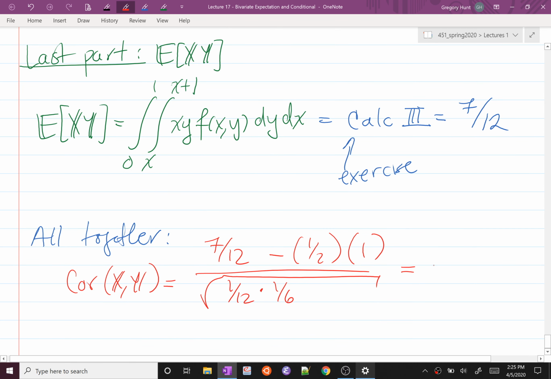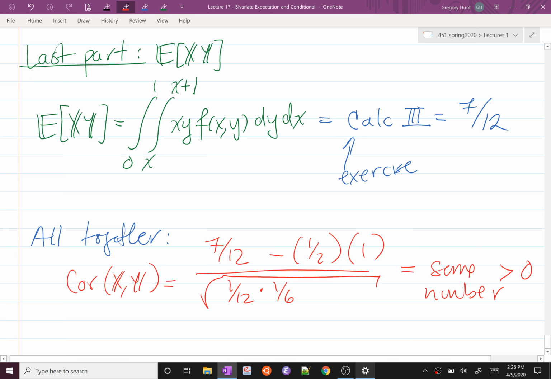And that is some number. That's a number you can calculate that will be positive, right? 7/12 is bigger than 1/2, so it'll be slightly positive, which makes sense. Looking at our picture, x and y kind of move together: as y tends to be larger, x also tends to be larger.